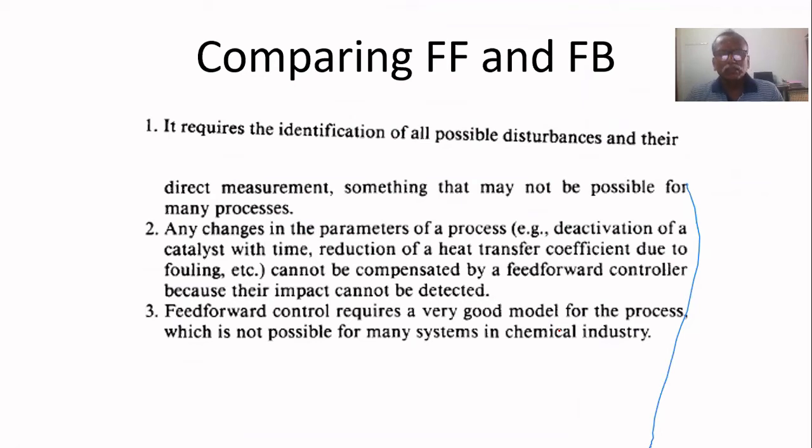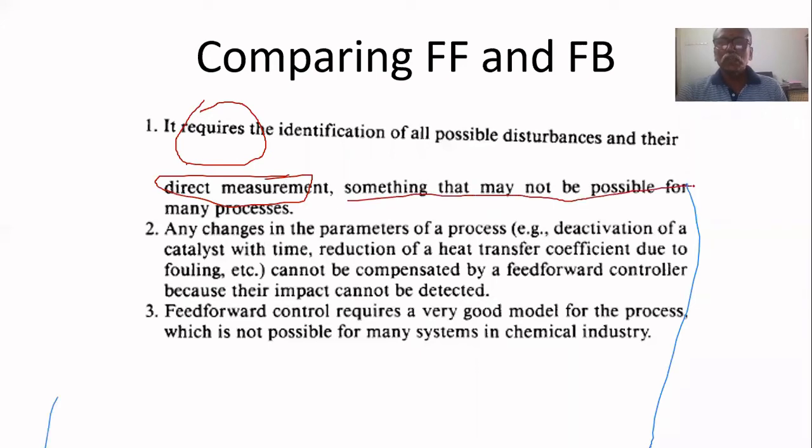What are the requirements to design a feed-forward controller? The first requirement is the identification of all possible disturbances and their direct measurement. If you are not able to measure the disturbance, you cannot design a controller for that disturbance. It is difficult to measure all the disturbances, so it may not be possible to design a feed-forward controller for all processes.